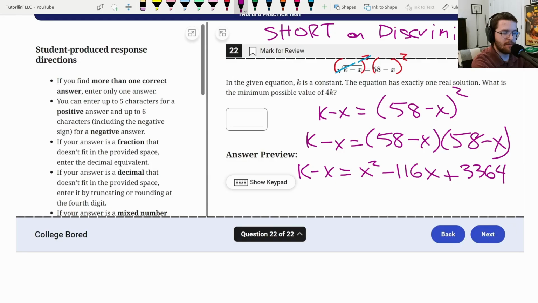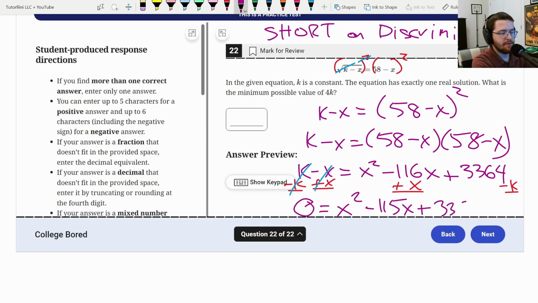Now we're going to get all the terms to one side, put it in standard form so that we can use the discriminant. So I'm going to add x to both sides, and then I will also subtract k from both sides. These guys will go away, and we get 0 equals x squared minus 115x plus 3364 minus k.